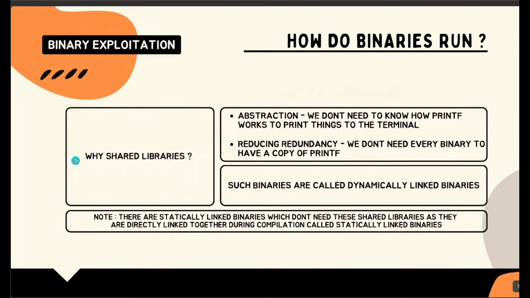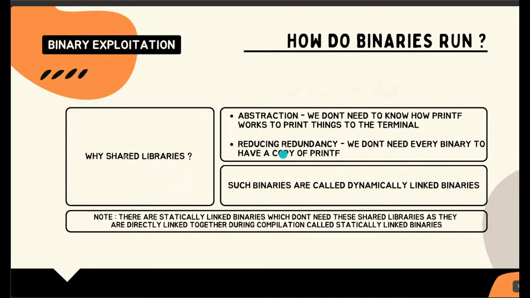But then, why do we need libraries? As discussed before, abstraction. We don't need to know how printf works to print things to the terminal. We don't need to repeat mundane tasks such as printing things over and over again, so you can simplify the code that you write. It also reduces redundancy, as in we don't need every binary to have a copy of printf.